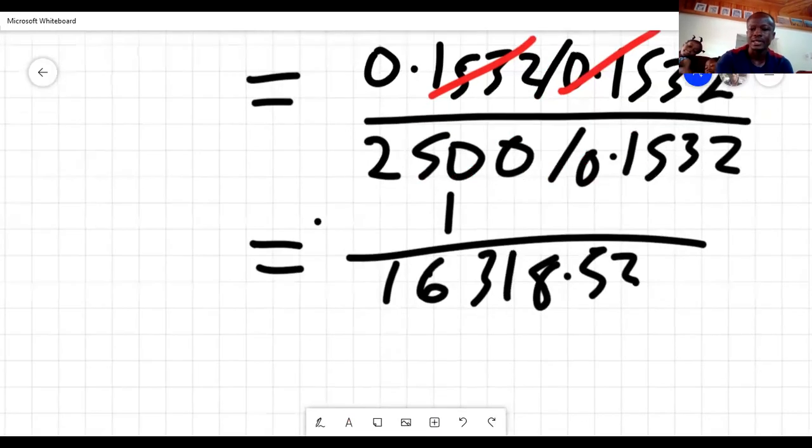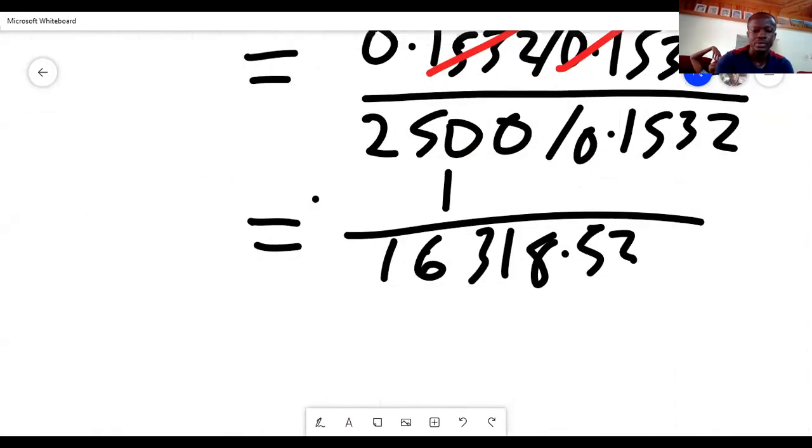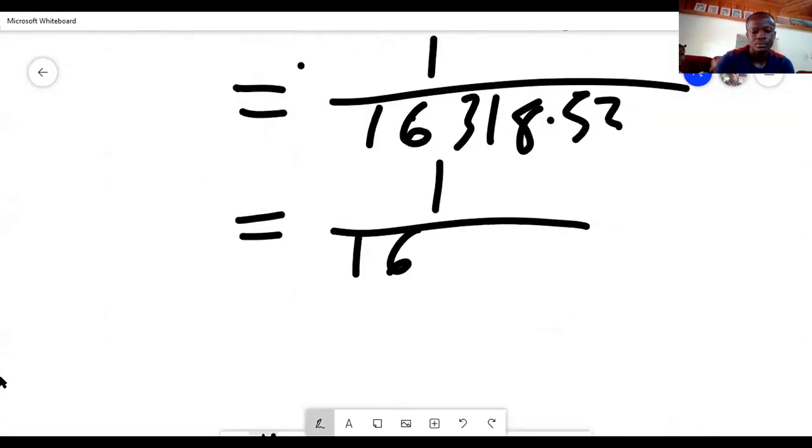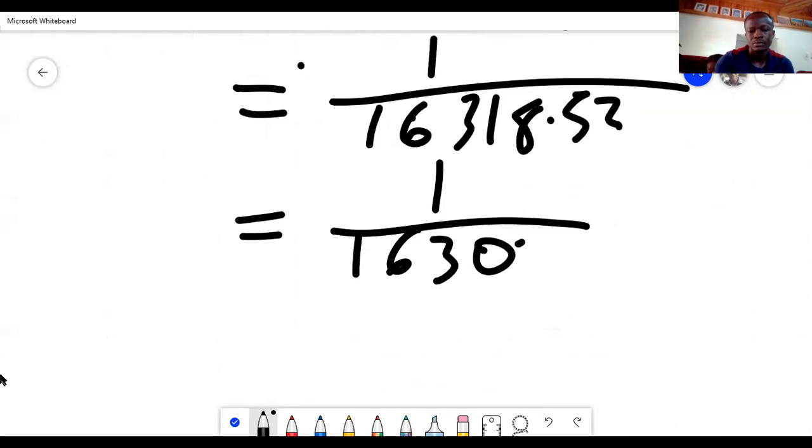You don't have to write scale this way. RF scale should be written this way. So you want to approximate it to 16,300, or 16,500. Depending, I mean, you just want to get something approximate. All right, so your RF, the scale for this photograph is 1:16,300.